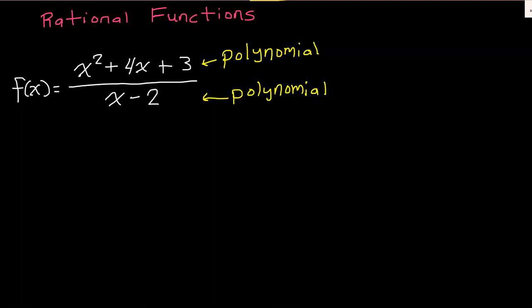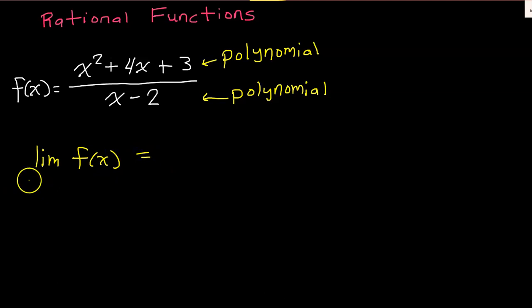Let's talk about rational functions for a second. A rational function is a function where you have a polynomial in the numerator and another polynomial in the denominator. So what if I wanted to take the limit of this function, the limit of f of x?